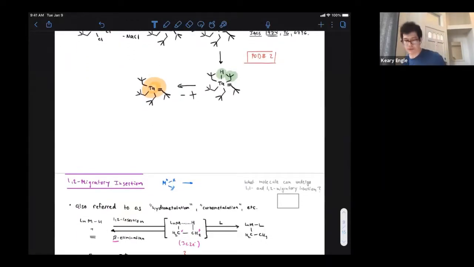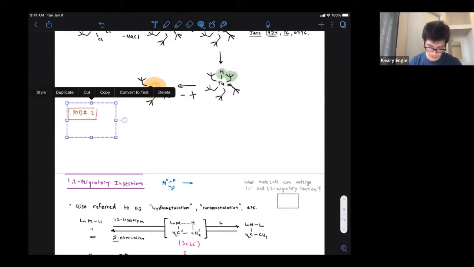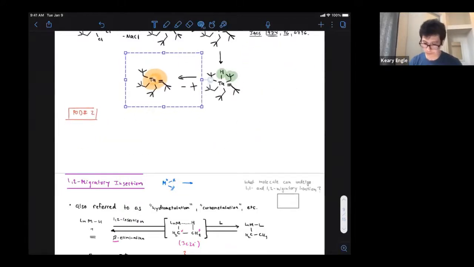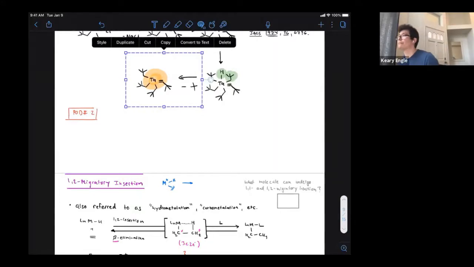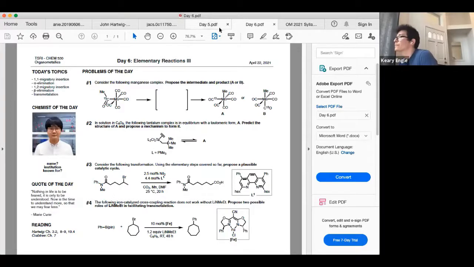Okay, so now I have a reminder to myself to cover problem of the day number 2. So let's take a look at that. We're going to stay within the theme of tantalum chemistry.